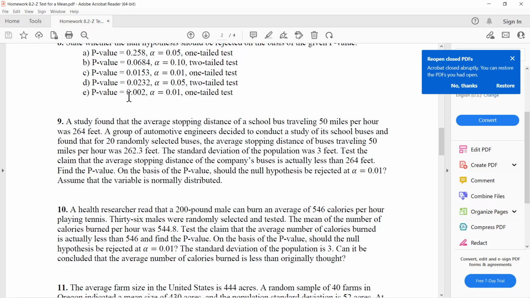Okay. Part D, 0.0232 is our p-value, and alpha is 0.05.